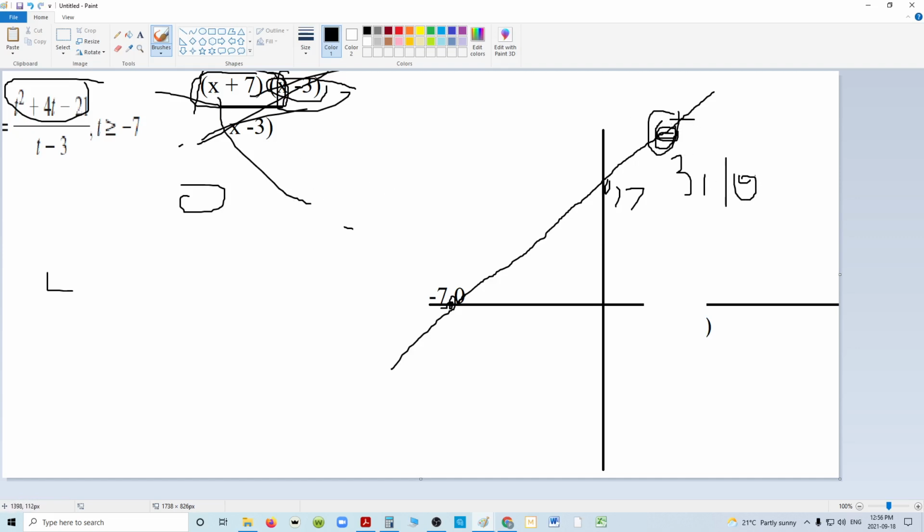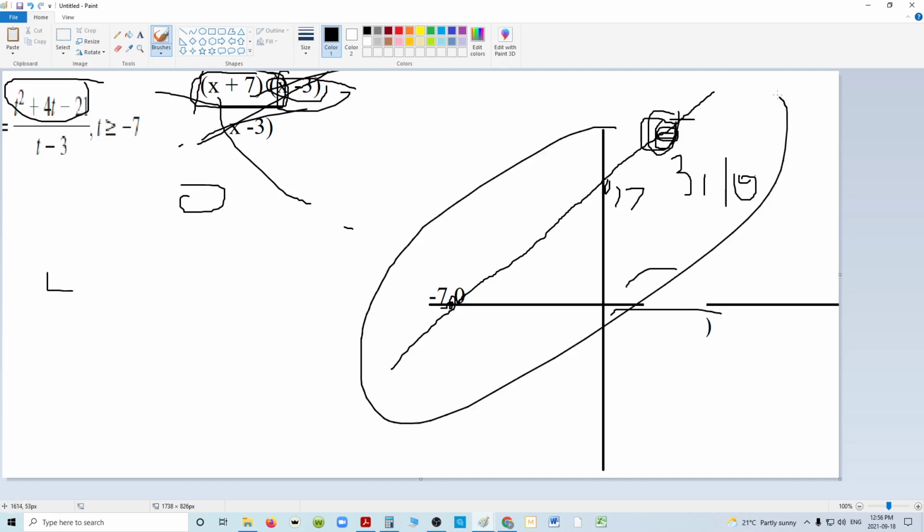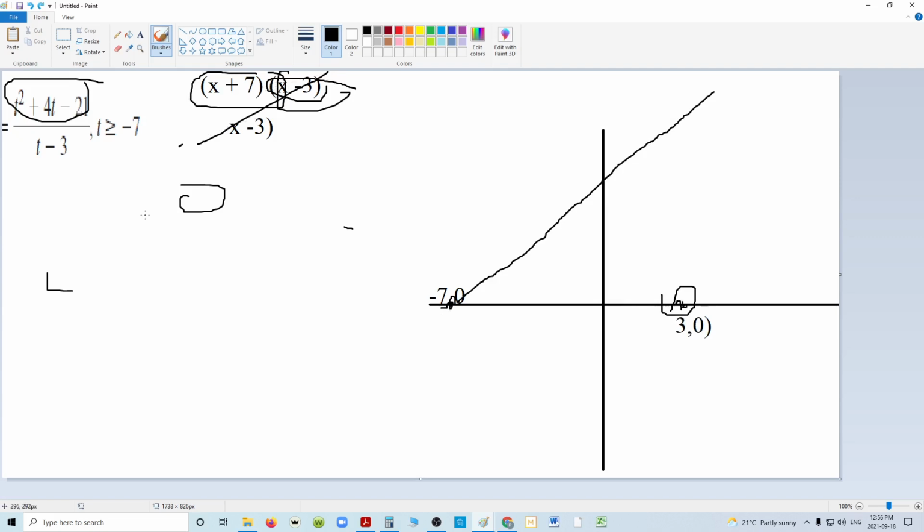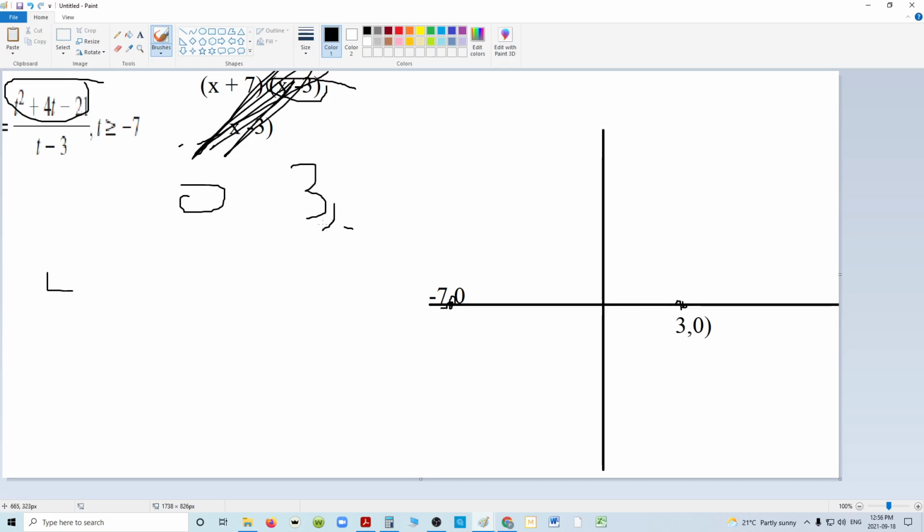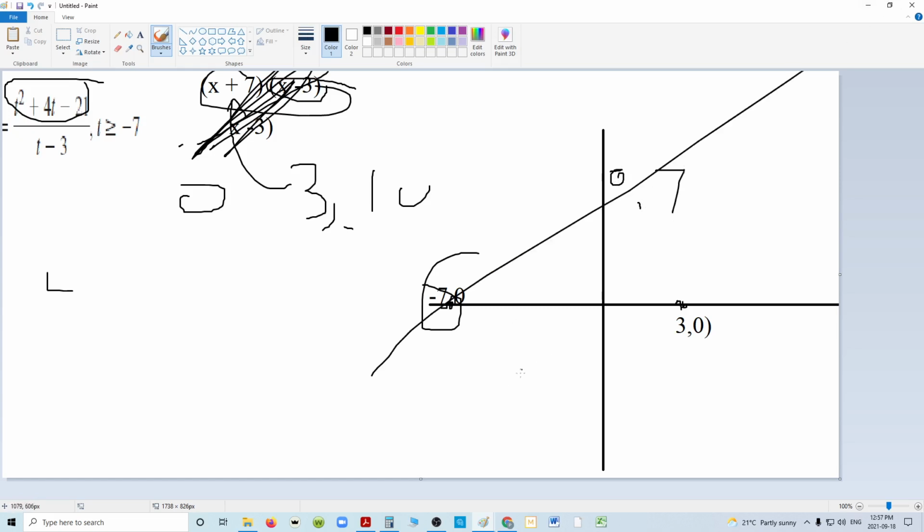It will have a hole. It's not the x-intercept. So all we're dealing with here is a line that has a hole. There's no max or mins. And right away when I factored it out, I should have seen that these two factors cancel, which creates the hole at 3. At 3, when I plug it into x plus 7, it's 10. I can also see that when x is minus 7, we have an x-intercept, and the y-intercept is 0, 7, and we're done. That's all it is.